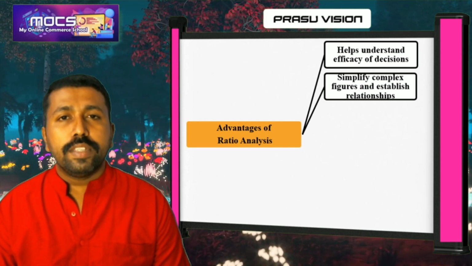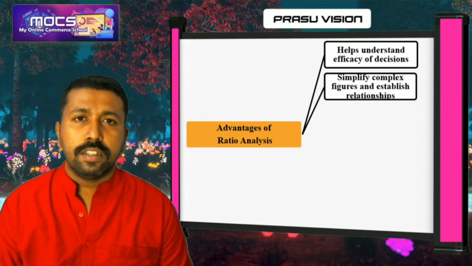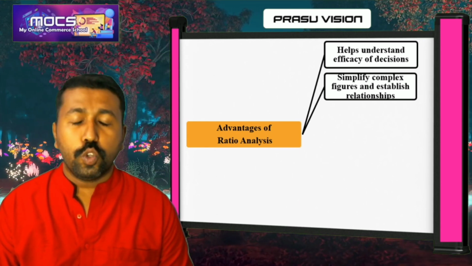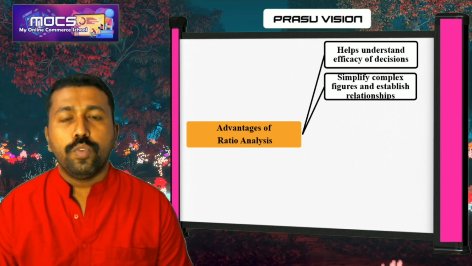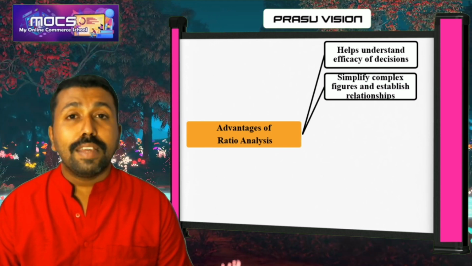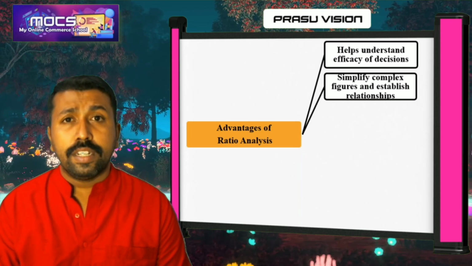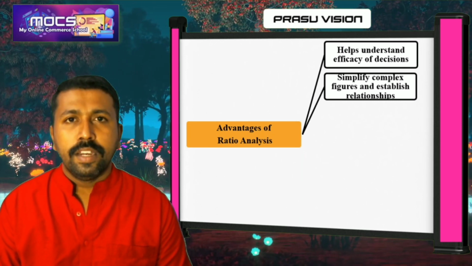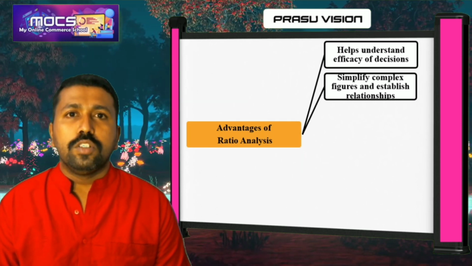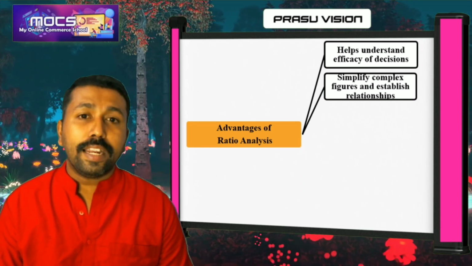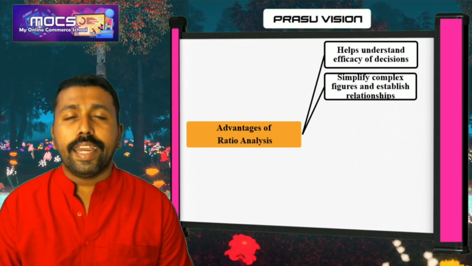We will find out the ratio using the equation current asset by current liability. So using that ratio, we can find out whether the firm is able to pay. Suppose we are getting 2:1 as the current ratio. That shows we have two current assets to pay one liability. So that simplifies the whole data.